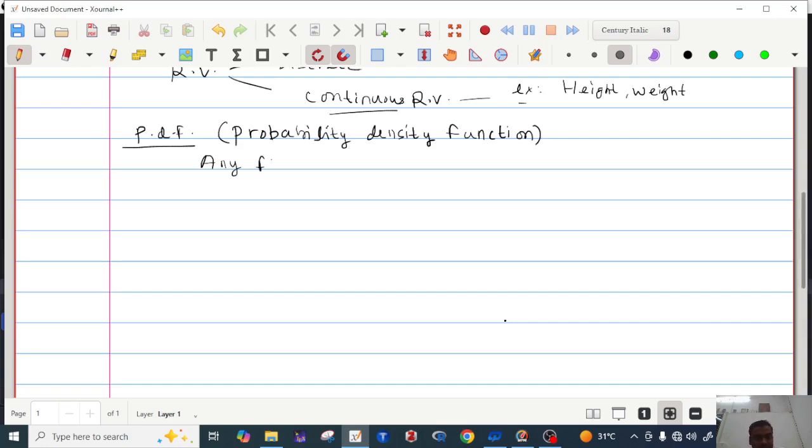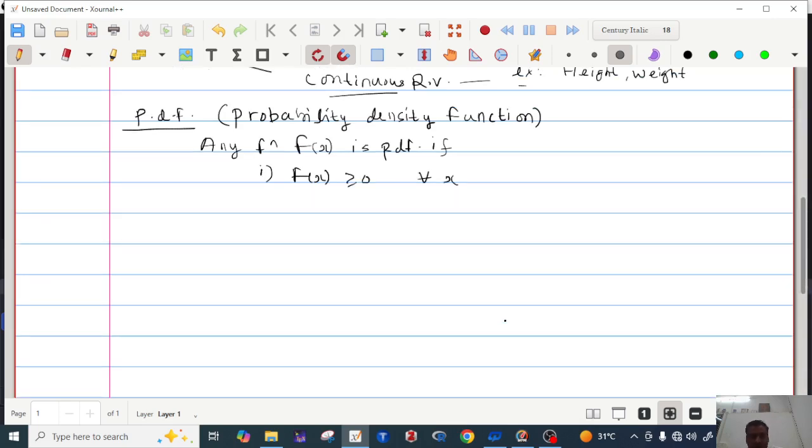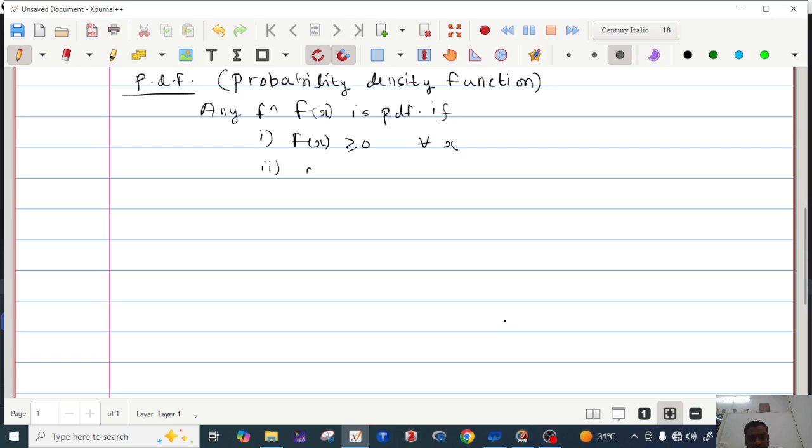Any function f(x), defined for the continuous random variable X, is a PDF if it satisfies two conditions. First, f(x) is greater than or equal to 0 for every x.